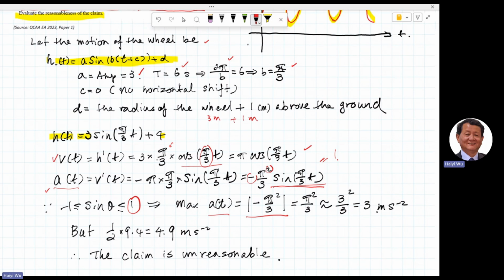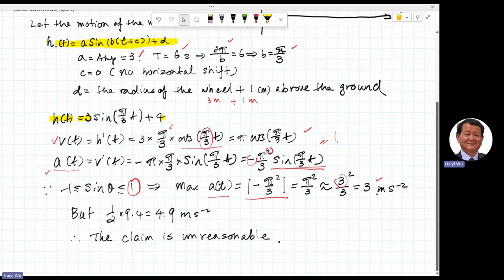Now, because we can't use the calculator, we estimate pi as approximately equal to 3. So 3 squared divided by 3 is 3 meters per second squared. Now let's compare to half of the free fall acceleration, which is half of 9.8, sorry, apologies.